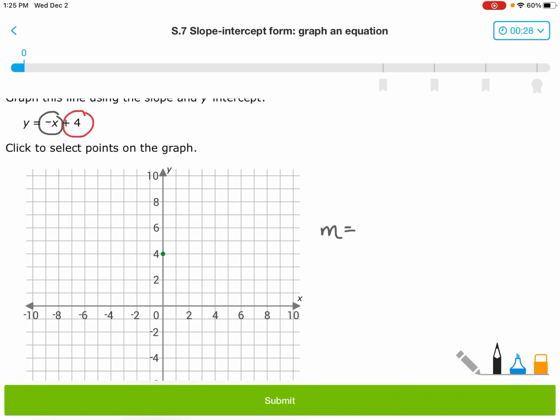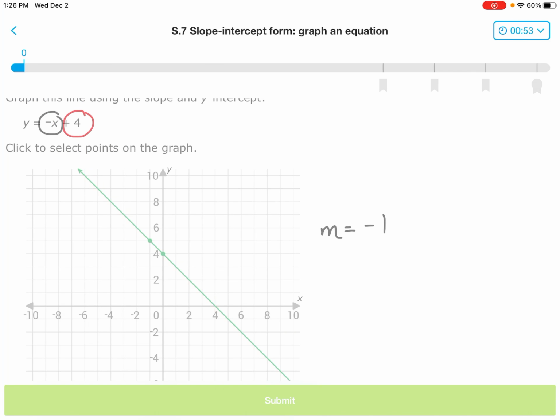My slope here is -1. Let me erase that because I can't do that. So that's going to go down 1, back 1, another point. When you graph this with your finger, you have to create the points. And I'll do another example here. So we can submit that.